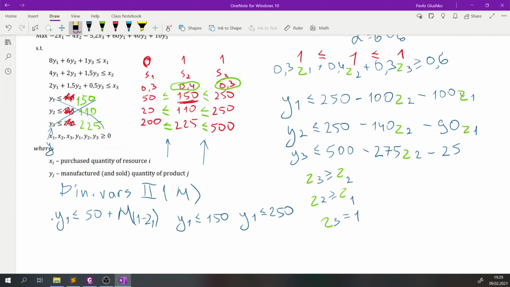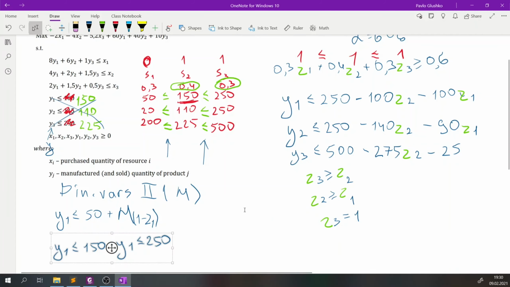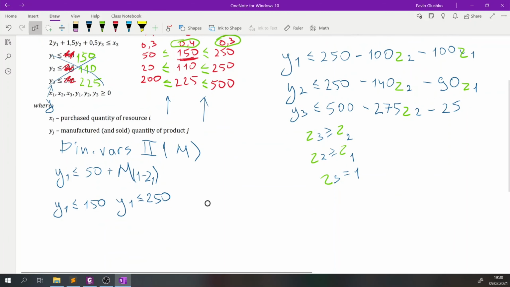When z1 is equal to 0, you can make the calculation and you will see that the m will still be there. So I will have this constraint deactivated, and that's exactly what I want.